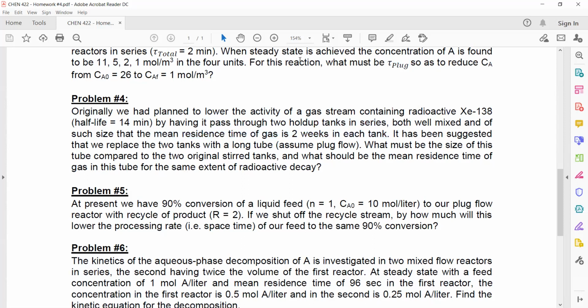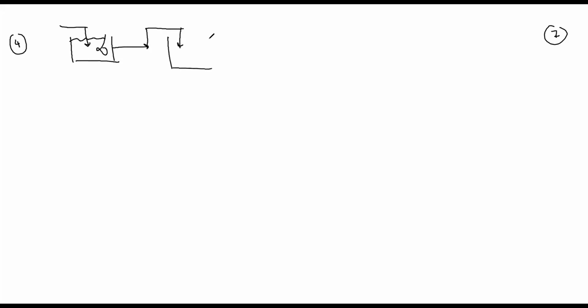Let's go back to the whiteboard. And this, I believe, page 7 is problem 4. And in this case, basically, I have 2 CSTRs, C0, C1, C2, whatever. And you're being told it's radioactive.